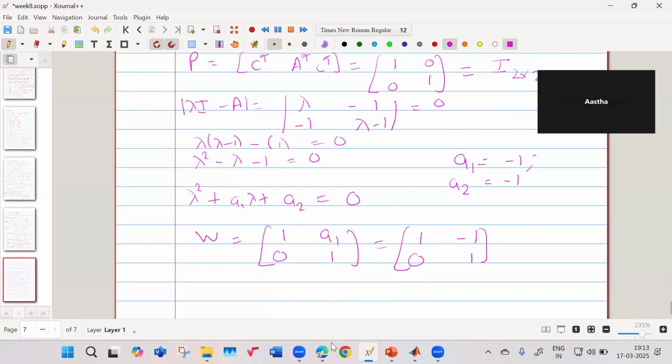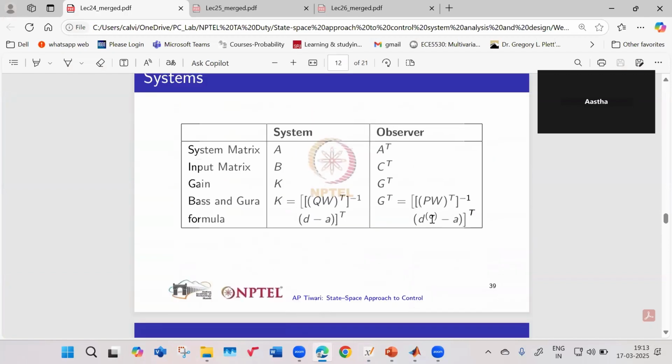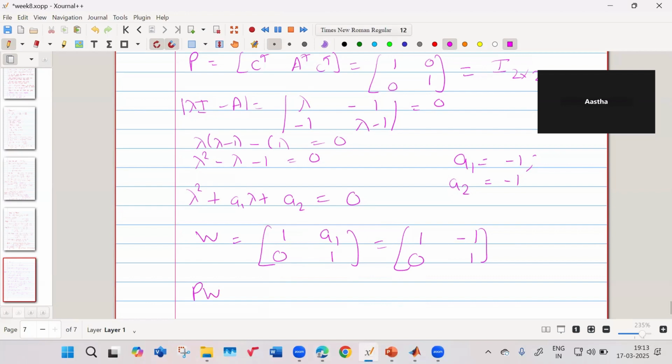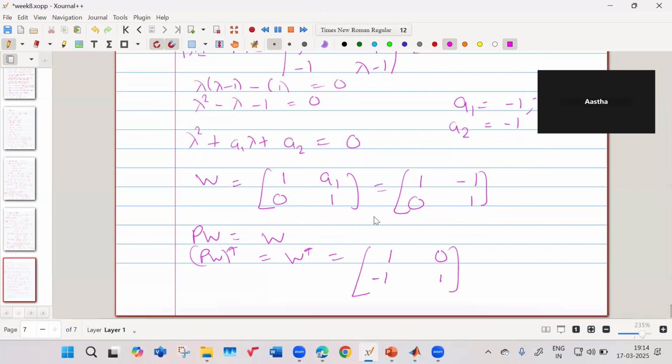Now what do we have to do? We have to compute P into W. Right? So P into W is what? P into W will actually be equal to W because P is an identity matrix. Next, we have to find PW transpose, that is equal to W transpose. So that will be 1, 0, minus 1, 1. Okay, we have gone so far.